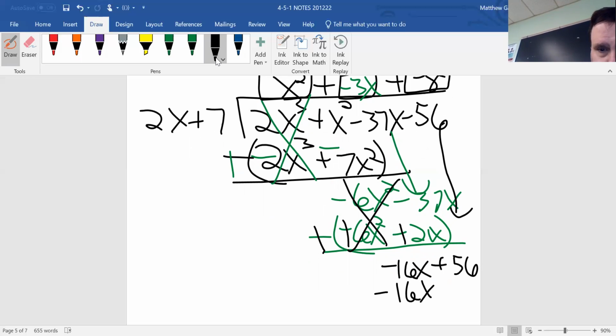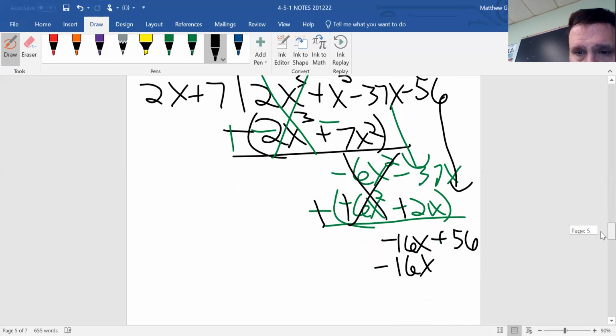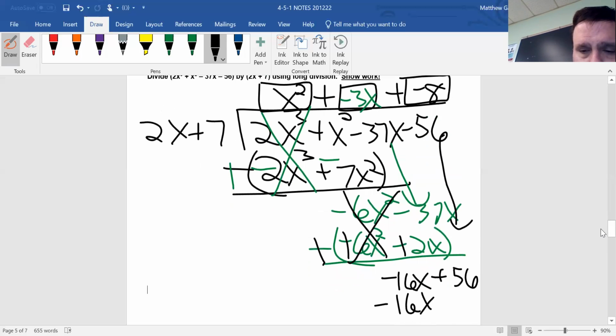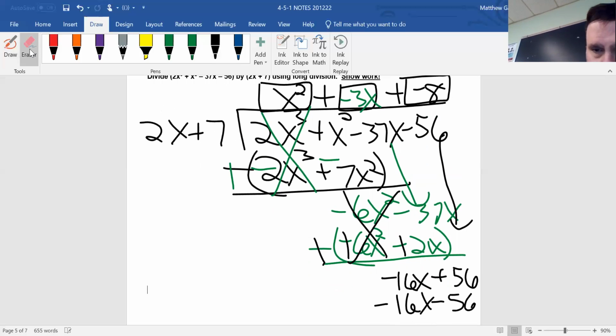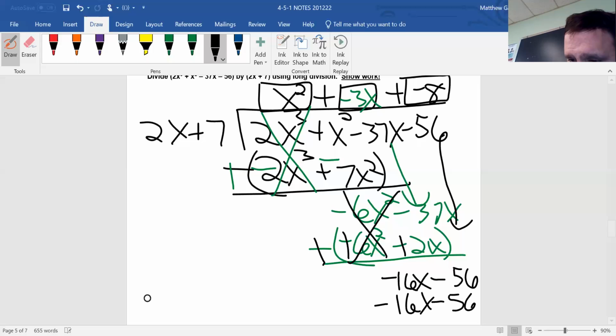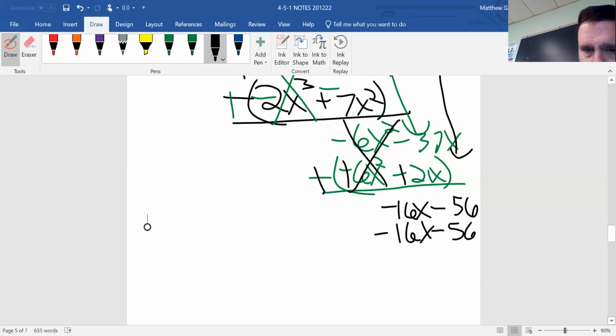Negative 8 times 7 is negative 56. Should be coming out to be the same. Oh, it is. It's negative 56. I made a mistake here. It should be negative 56 as noted up here. Gotta be careful.